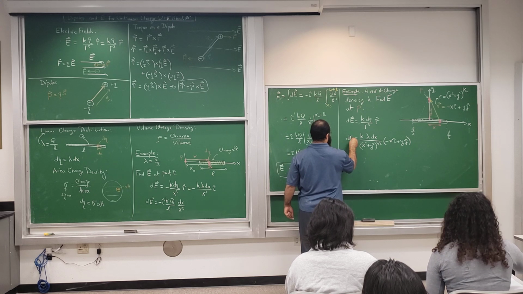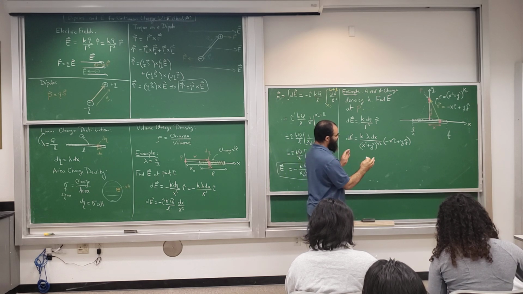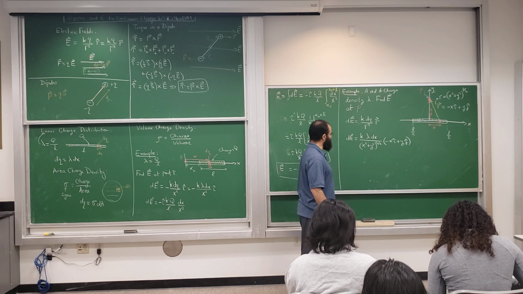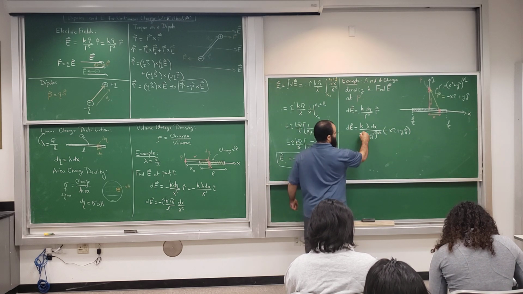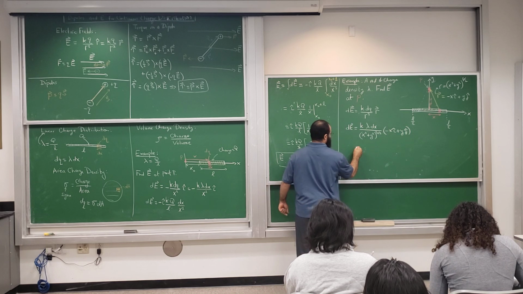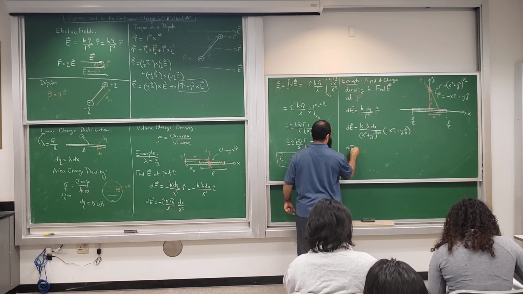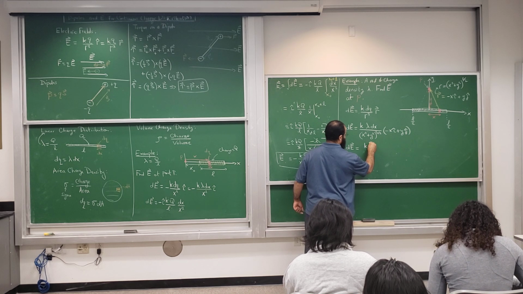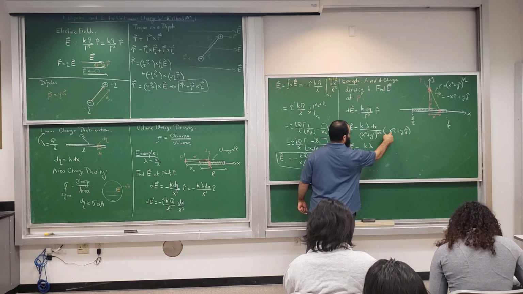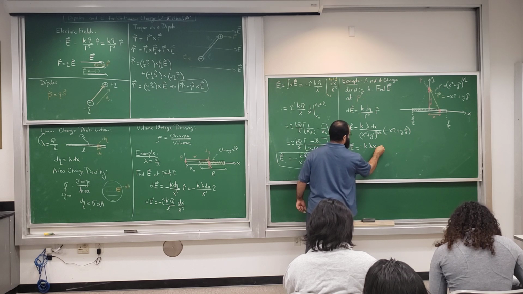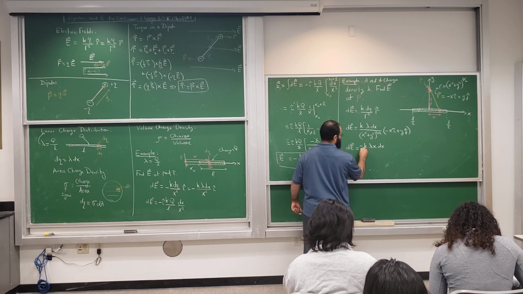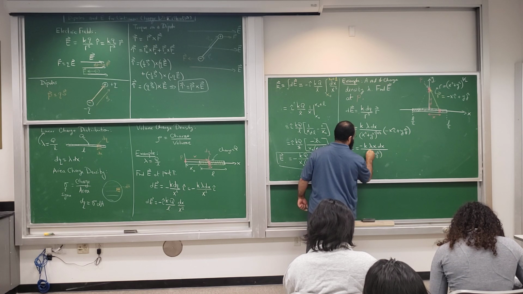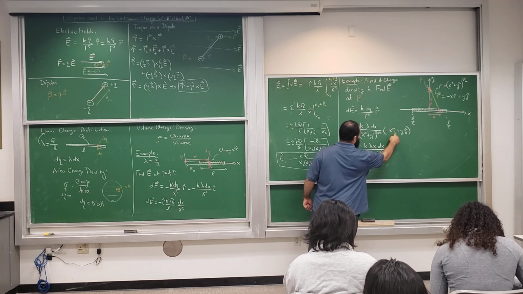That's dE. Now I'm going to separate it: the stuff that contains i hat, and the stuff that contains j hat. So I'm going to multiply this through. dE is going to be k lambda dx times x, with a minus sign, over x squared plus y squared to the power 3/2, and then i hat.